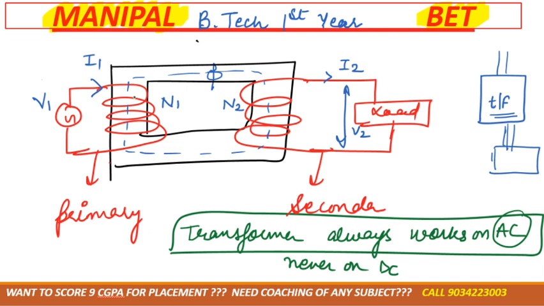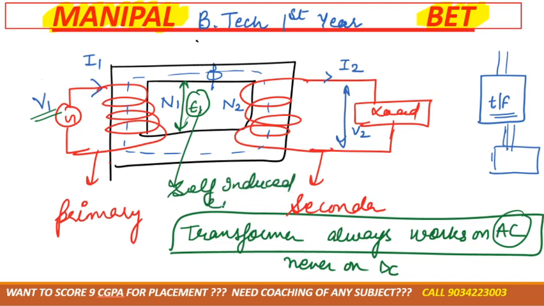So if in the primary winding we are giving supply V1, then in the primary winding the EMF is E1, and that is technically known as self-induced EMF. Okay.